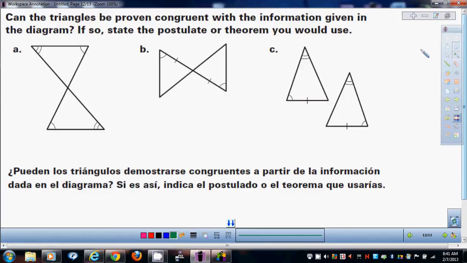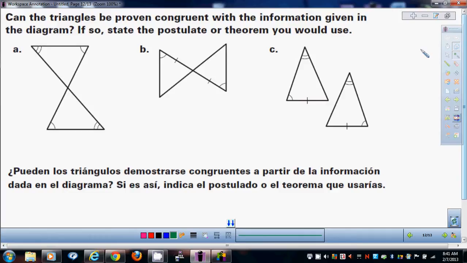But if it gives you 2 angles, then you know the third has to be the same. What if this was 30 and that was 40? This would have to be 110, just by simple subtraction. If they give you that 2 angles are congruent in both triangles, the third angles theorem allows you to know the third one is congruent as well.